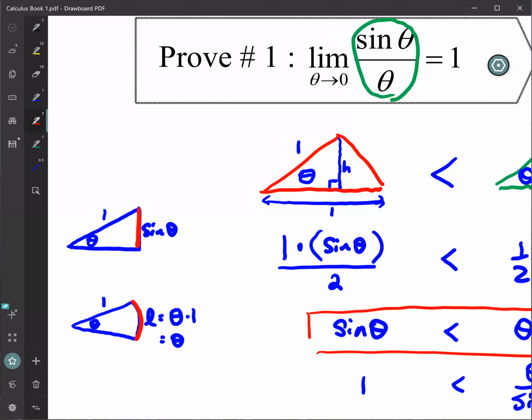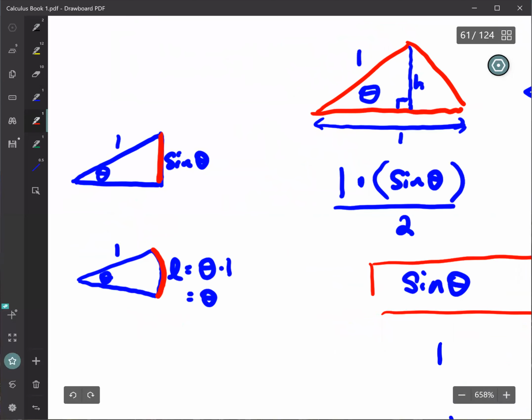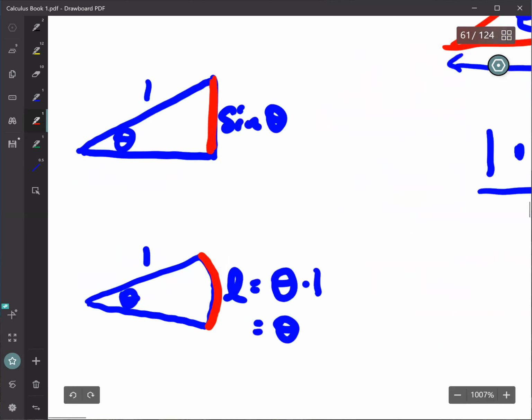All right, so imagine if I make these two pictures, the angle gets smaller and smaller, super tiny. If the angle gets super small, what can you tell me about the two red lines, the straight line and the arc line? They become the same, right?